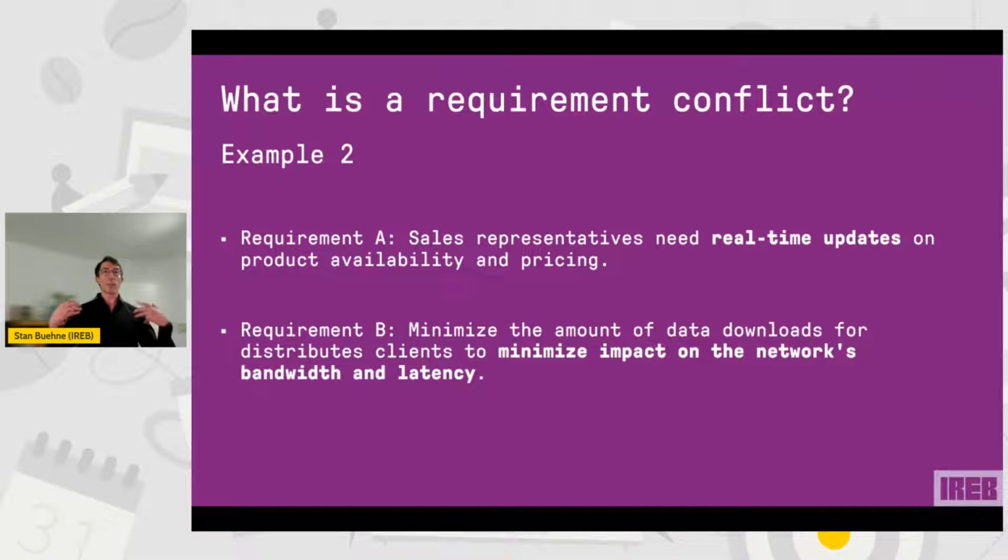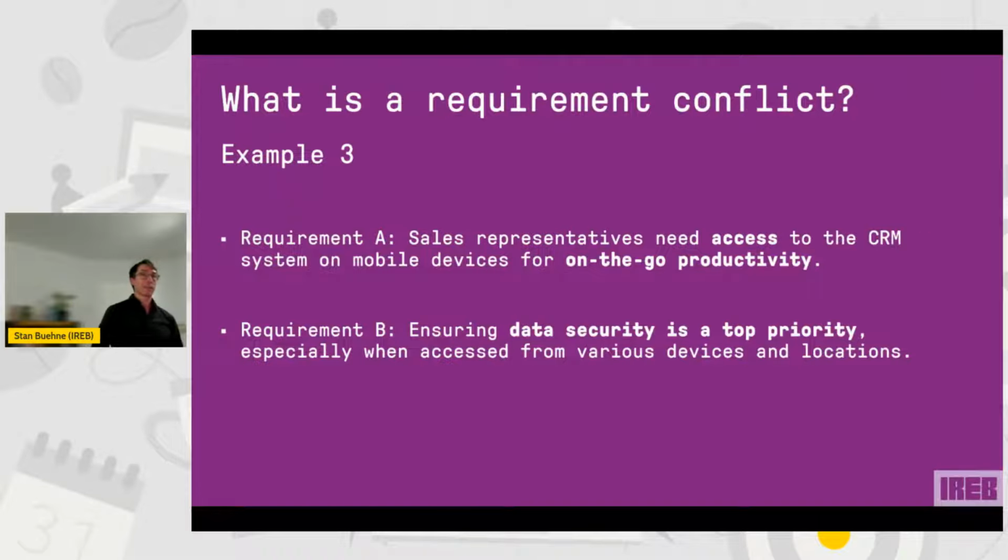This means we have to minimize the impact of the network bandwidth and latency. So also here they are somehow conflicting, and we need to think of how to solve this in our projects, to create some kind of proper solution, some kind of value in the end.